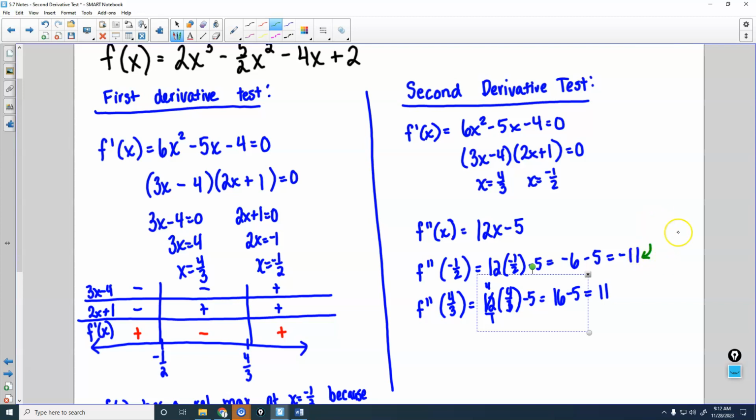Concavity, and since I have negative 11, this is concave down, which means I'm looking at a graph that looks like this, which means I've got a maximum point. And then at 4/3, I've got a positive 11 for my second derivative, so that tells me that we're concave up at that point. So that's going to look like this, which tells me I have a minimum point.